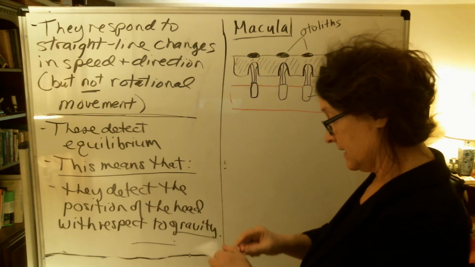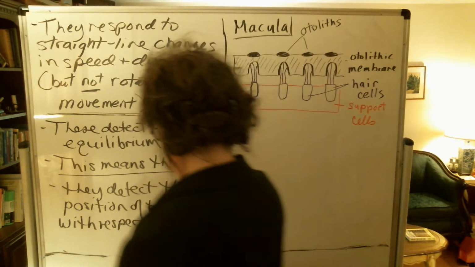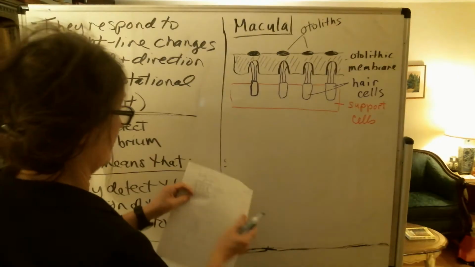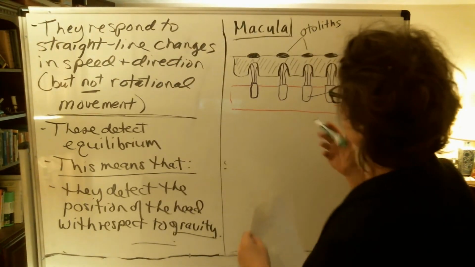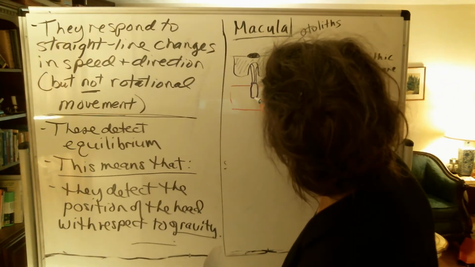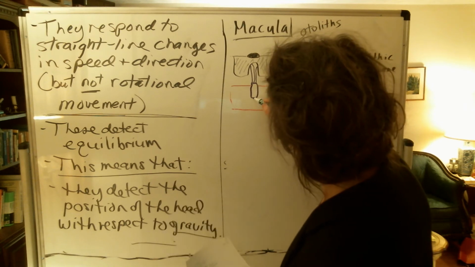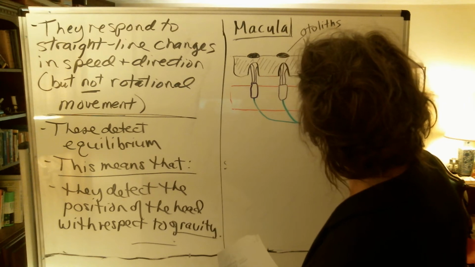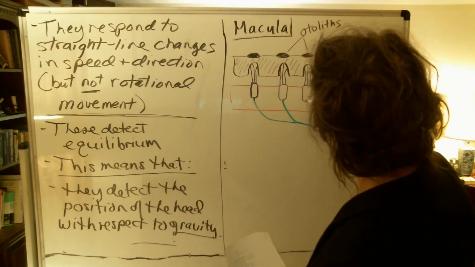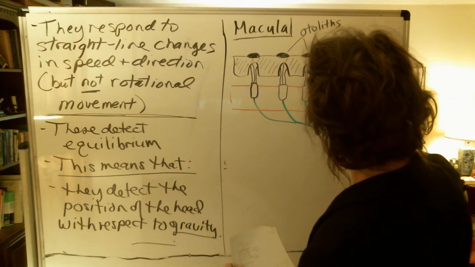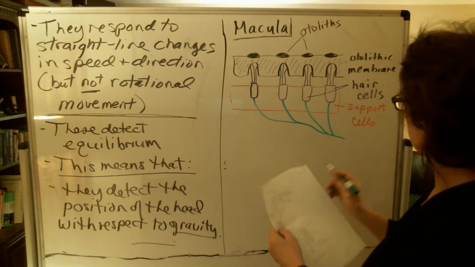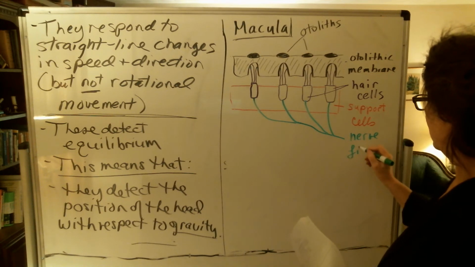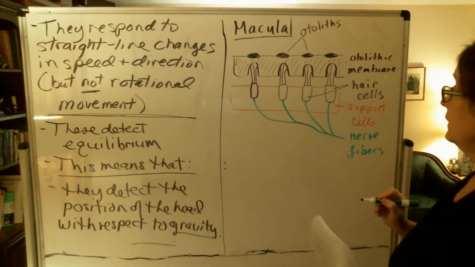And what happens then is that these hair cells are connected to nerve fibers. So here then we have the nerve fibers all heading off like so. So here you have nerve fibers.